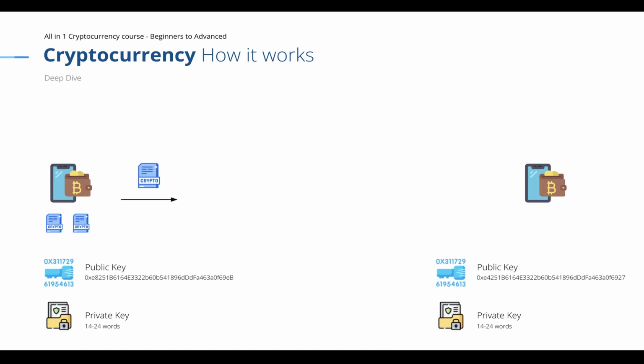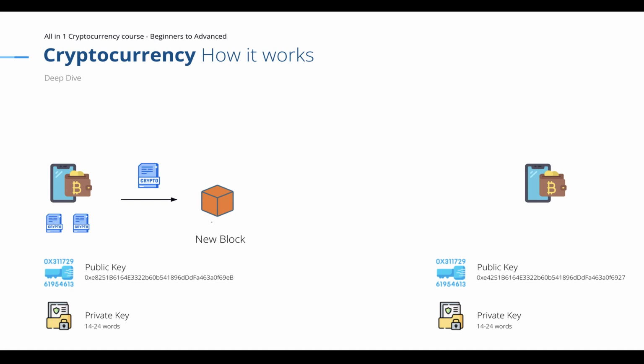You take the other person's public key, which you type into your wallet for the transaction. Once you type it, the transaction begins, and it waits for a new block to be mined. The new block contains the information of the new transaction, and the block is created by the miners, the cryptographic network.